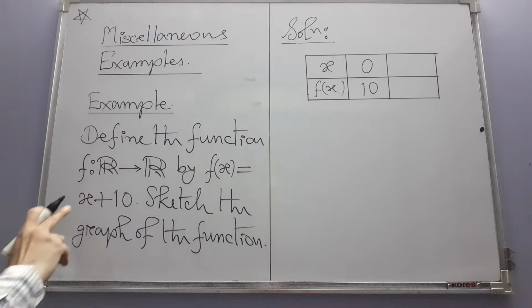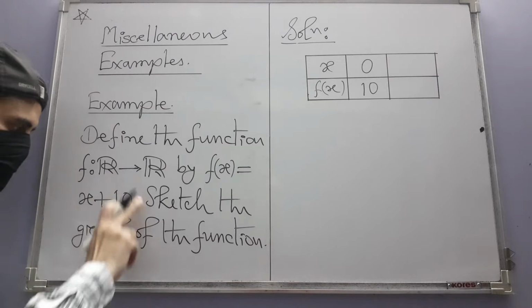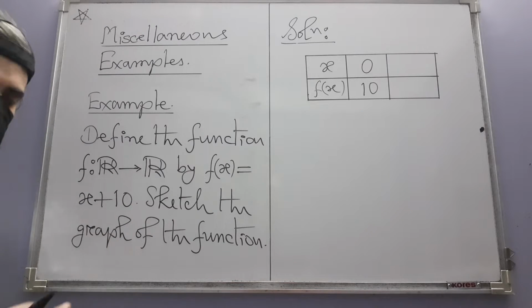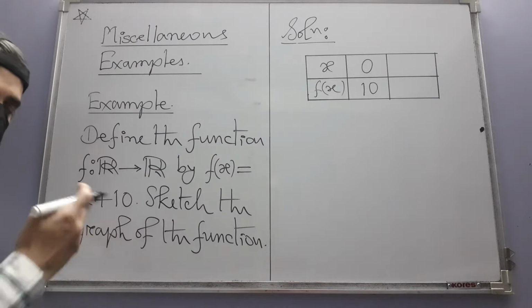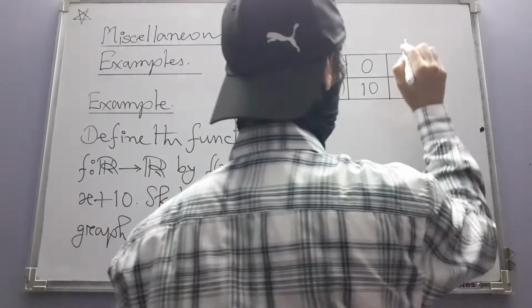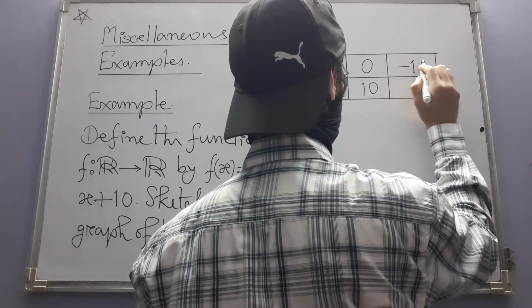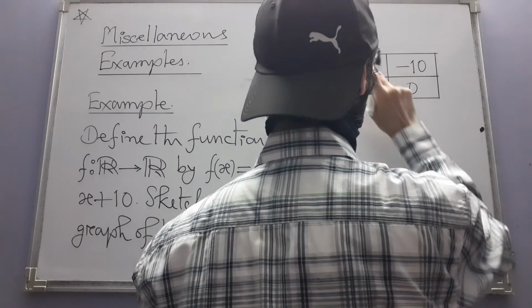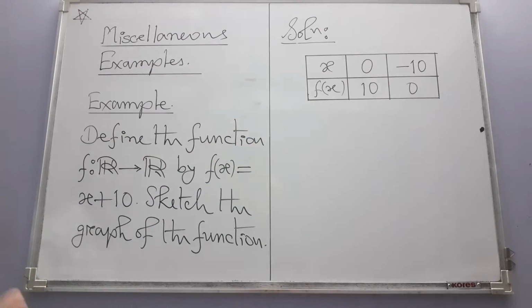Another value is that x value which will make this output 0. And that of course is minus 10. When you put x equal to minus 10, you are going to get the f value 0. Because of these 0 values, things become simple. Why?